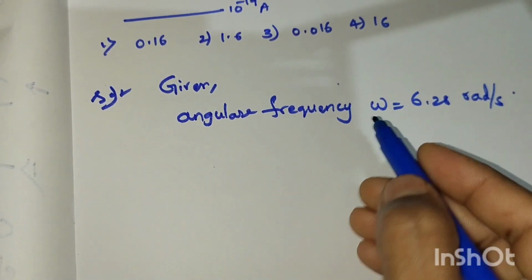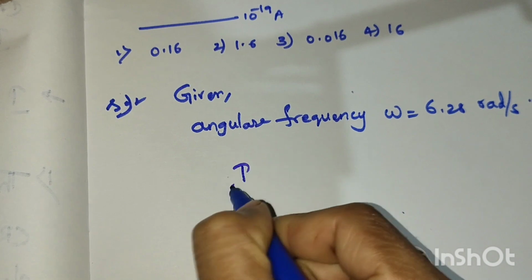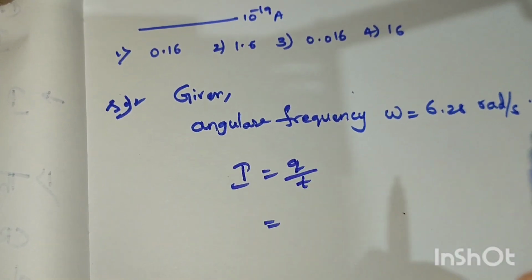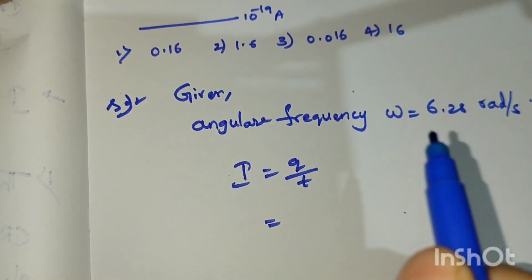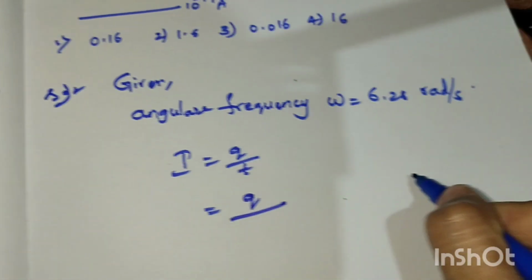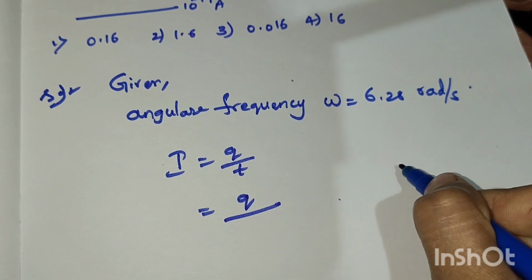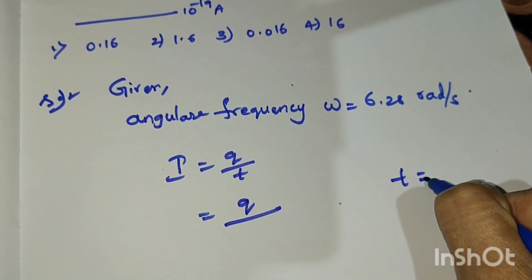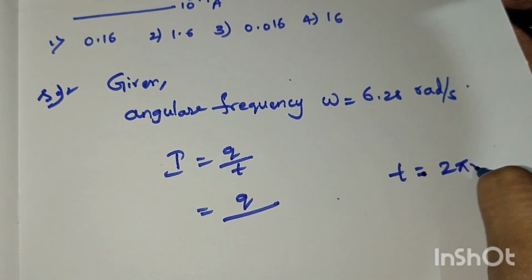So we have the formula, that is I is equal to Q by T. As the hydrogen atom electron is revolving around the nucleus, T is equal to 2 pi R by V, as I said in the previous class.